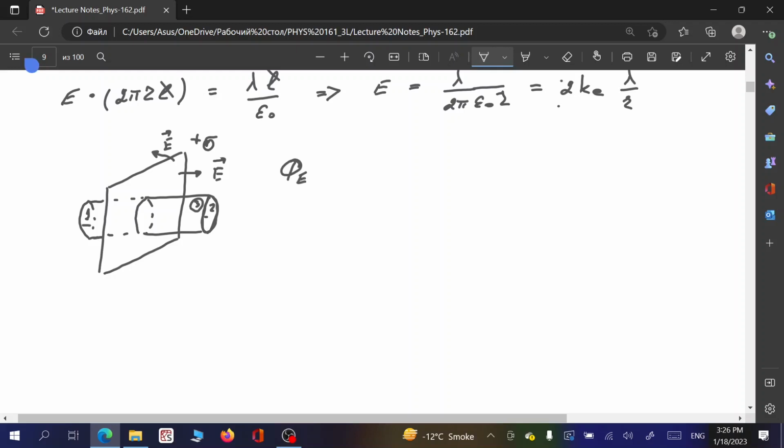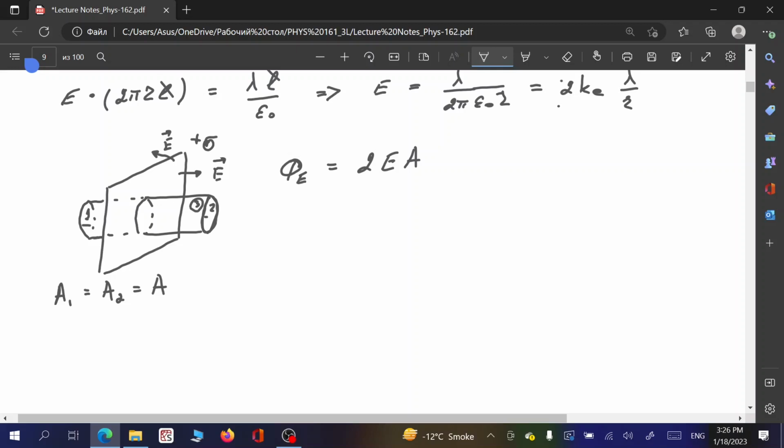Through this closed surface, the flux will be 2 times E times A. We consider that A1 is equal to A2 and is equal to some surface A, and the factor 2 is there because we have two ends of this cylinder.